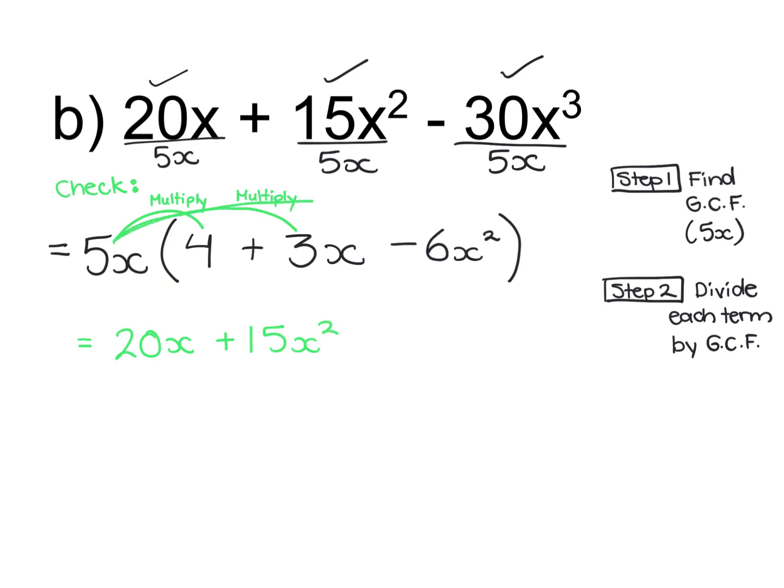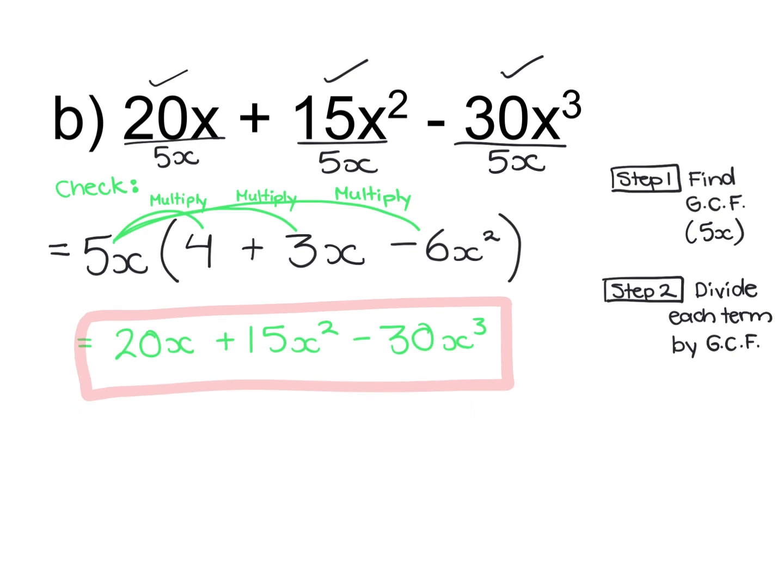Now 5x times negative 6x squared. 5 times negative 6 is negative 30, and x times x squared is x cubed. Notice our answer with the check is basically the same as the question that we started off with. That means we actually got the right answer.